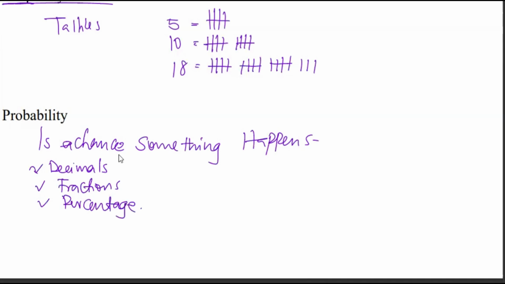If it's in fractions, please always give it in the simplified form, simplest form. What do I mean by that? You have a probability which is 6 over 9. This one can be reduced by 3. So the probability will become 2 over 3.